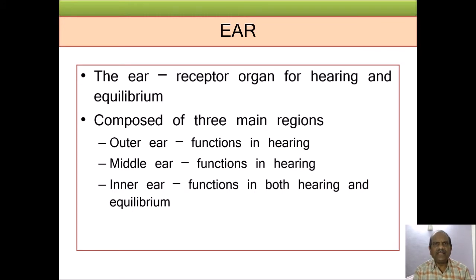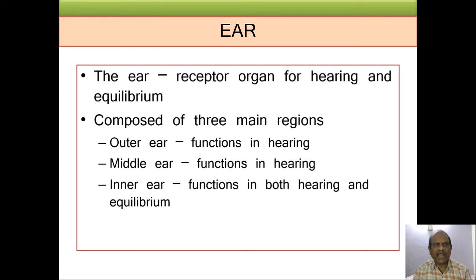Now regarding the ear, what we are going to study is some of the basic things. What is the ear? The ear is a receptor organ for hearing and maintaining body equilibrium. It is composed of three main regions that all of us know. The outer ear functions in hearing.